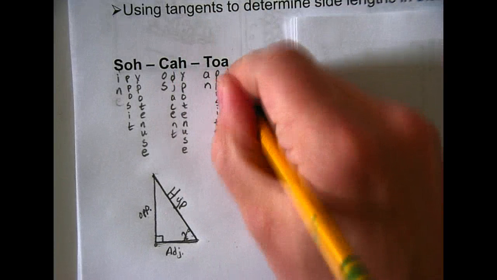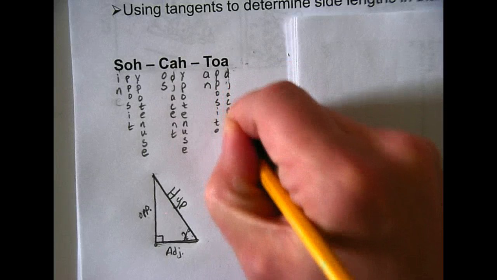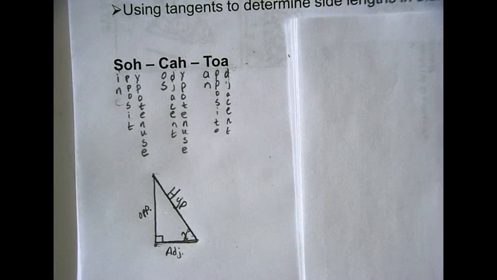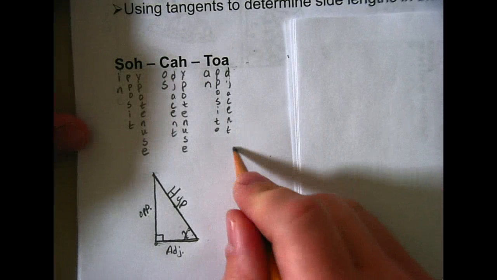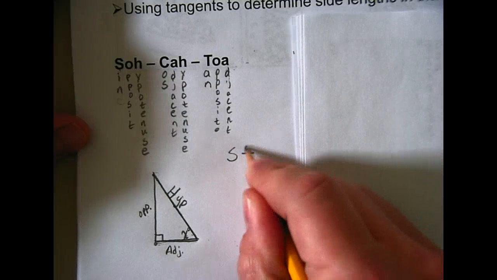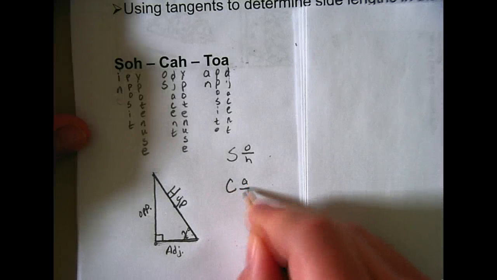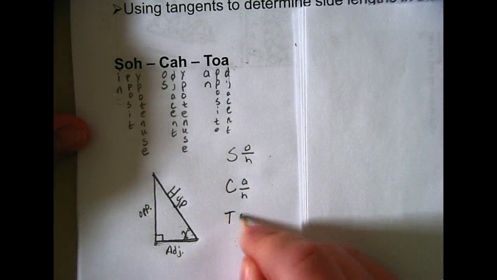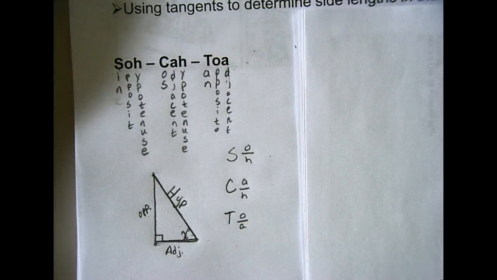Now I have had some very artistic students and some creative ones, more so than I, that have listed this in many different ways. Probably one of the best ways I've seen it is like this. They write so like that, ka like that, and toa like this. Okay, it's up to you. You write so, ka, toa.